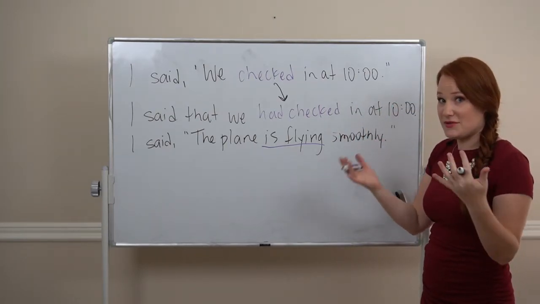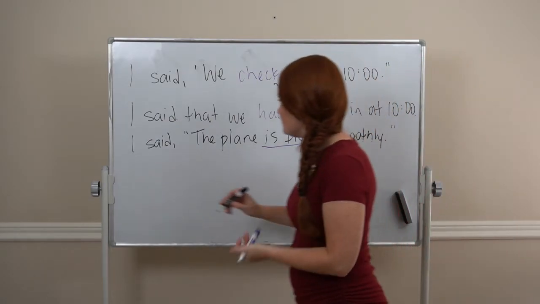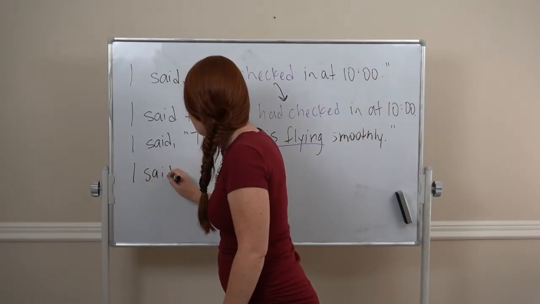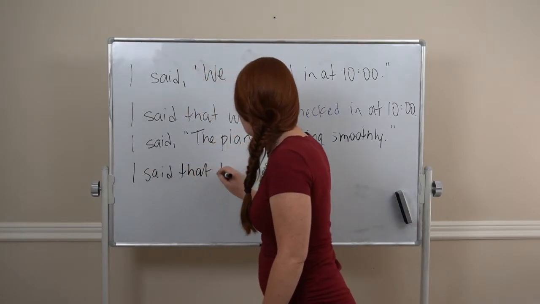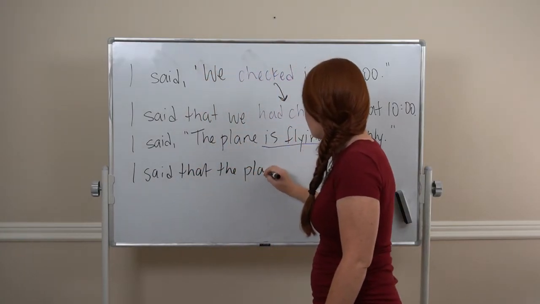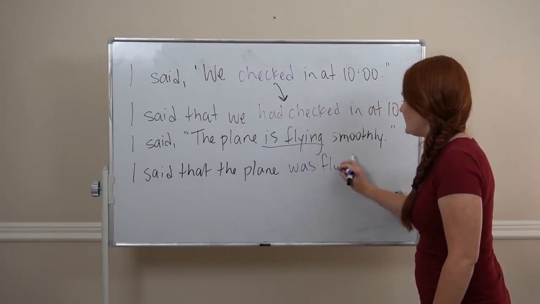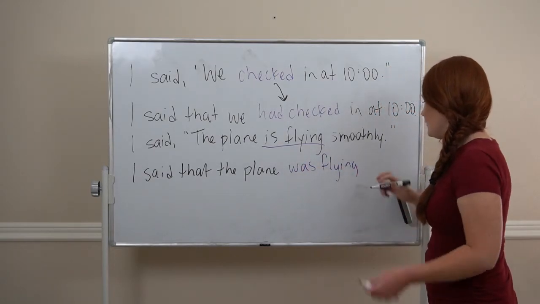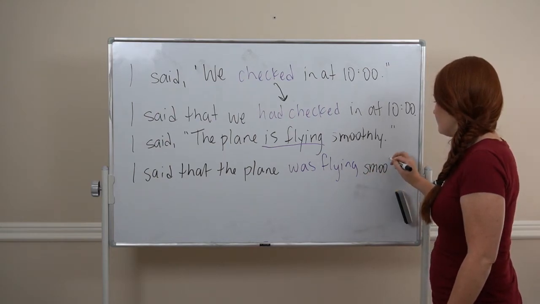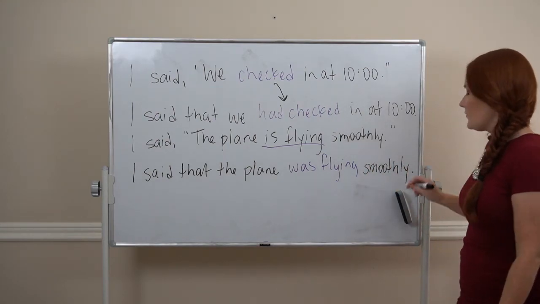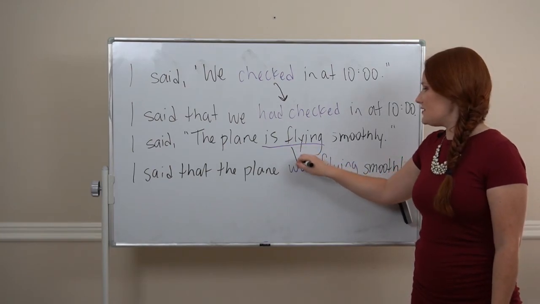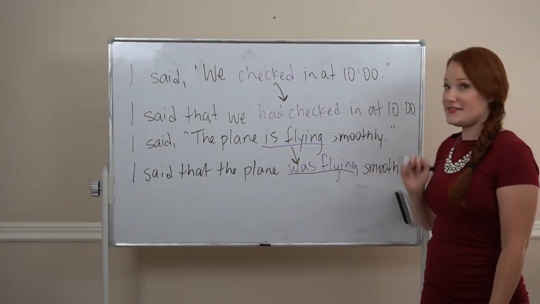Past progressive or continuous. I said that the plane was flying smoothly. So, present continuous changes to past continuous.